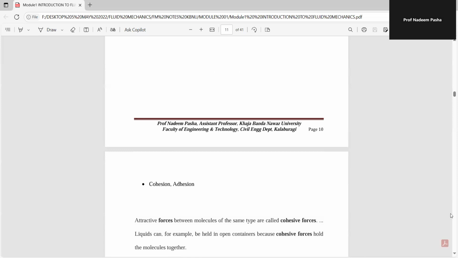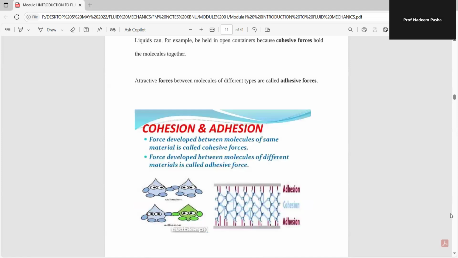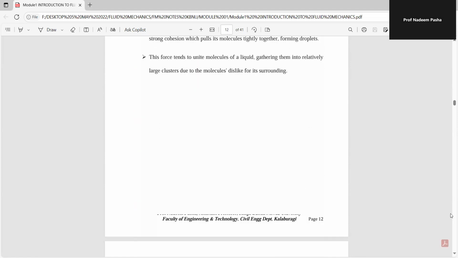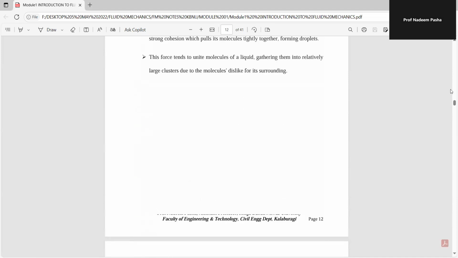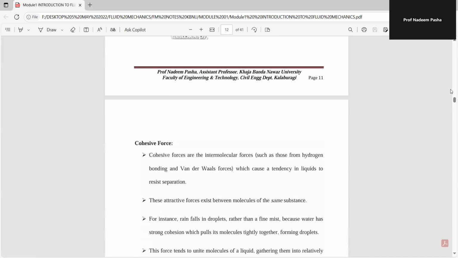Next, cohesion and adhesion we studied. Cohesion is nothing but force acting between molecules of same kind, whereas adhesion is nothing but force acting between molecules of different kind. Then we studied the examples. Cohesive force, for instance: rain falls in droplets rather than a fine mist because water has strong cohesion which pulls its molecules tightly together, forming droplets.